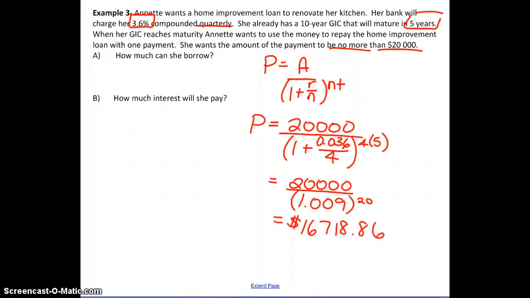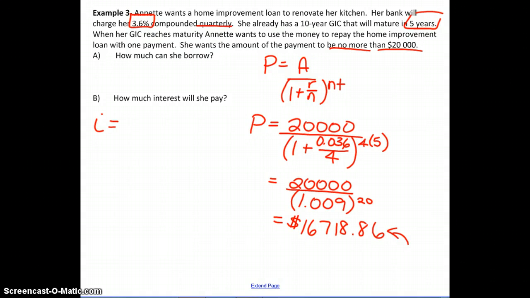When you go through all the steps, you should get $16,718.86, which is the maximum amount she could borrow. Now that makes sense because it's less than the future value, because she has to owe some money to the bank also. So how much of this is interest?